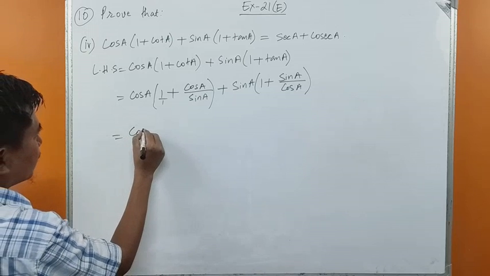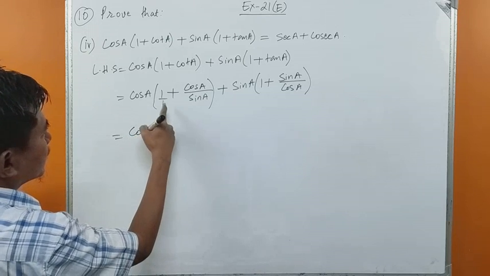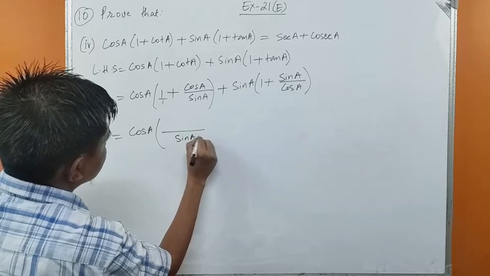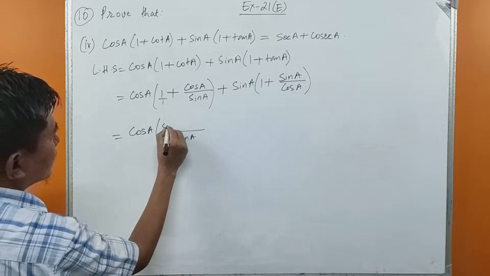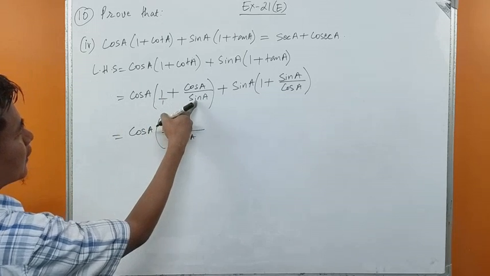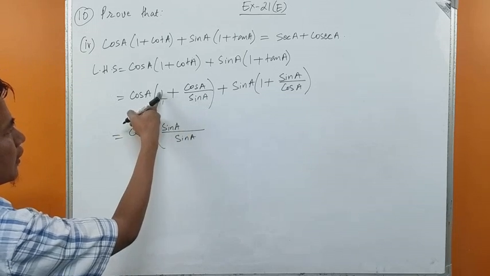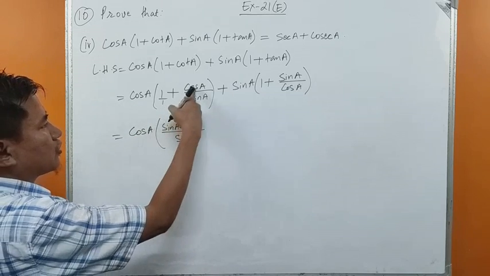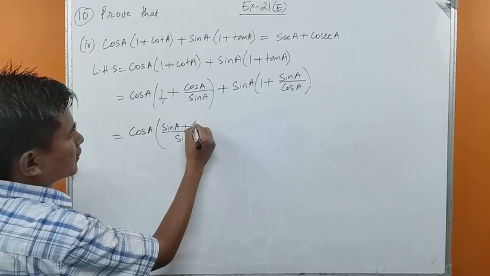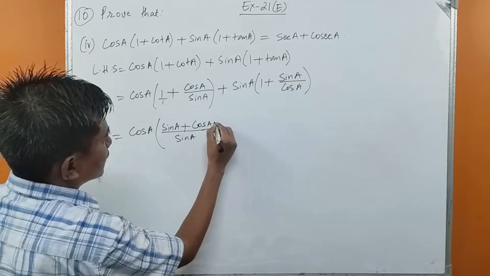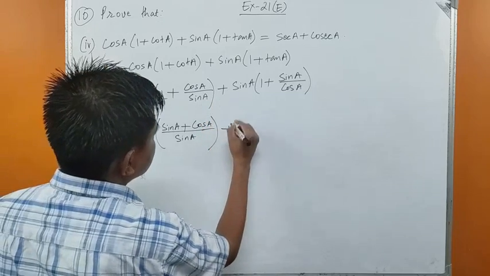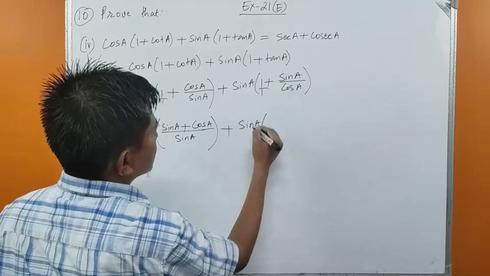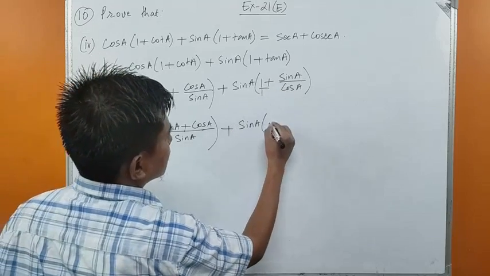So we take the LCM of the denominators, 1 and sin A. The LCM will be sin A. Sin A into 1 gives us sin A, and 1 into cos A is plus cos A. Here we have sin A into, we do the same thing here. The LCM of 1 and cos A is cos A.